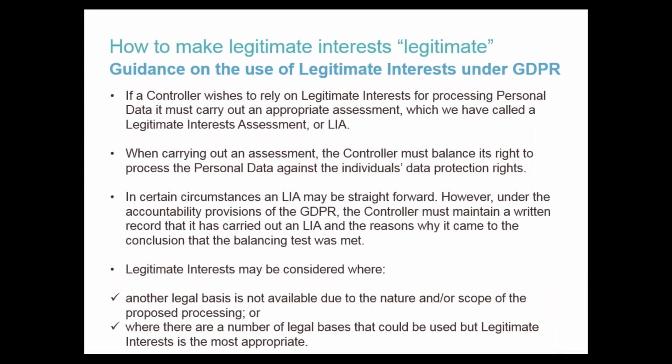So what you could do here, and this is very much driven in the guidance that we've been drafting and sharing with the ICO, is carry out a legitimate interests assessment. We've developed a flowchart and an assessment form that helps the business, the data protection officer, and the risk officer to walk through this balancing test.